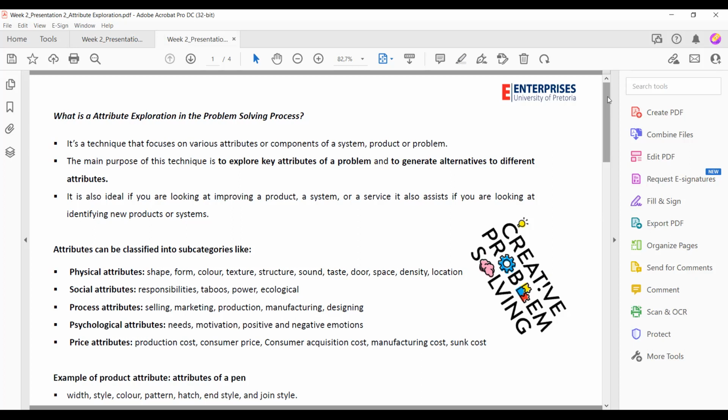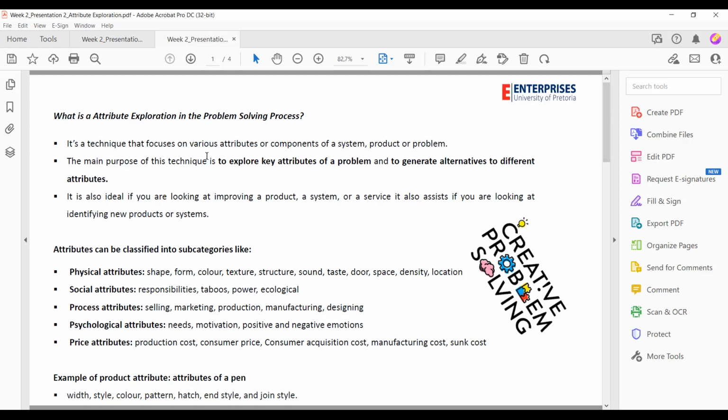Okay, and then the attributes can be classified into subcategories like physical attributes, social attributes, process attributes, psychological attributes, and price attributes. The physical attributes are like shape, form, color, texture, structure, sound, taste, odor, space, identity, location.